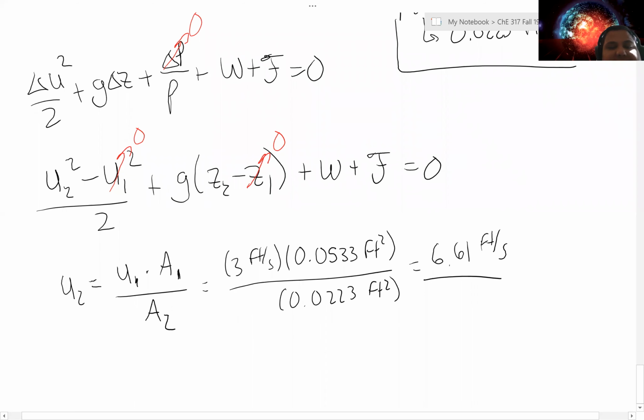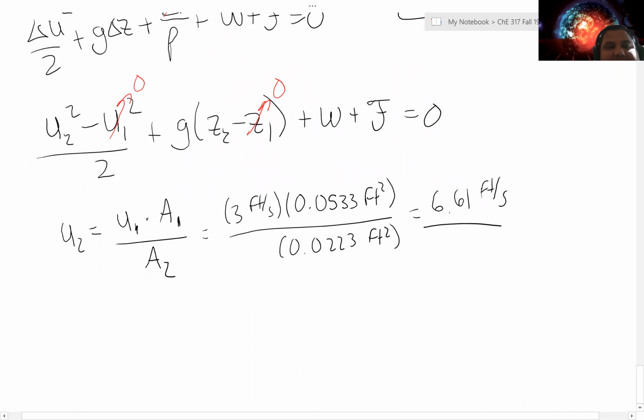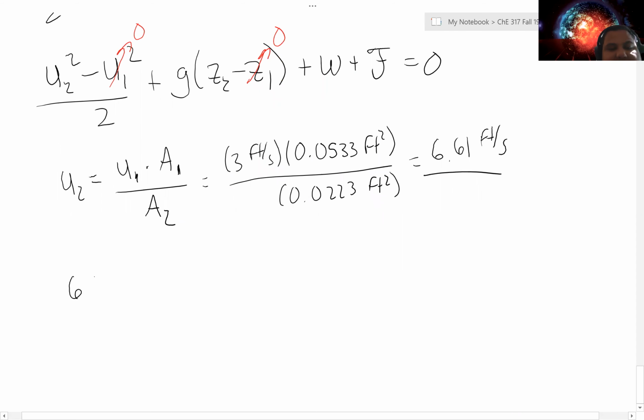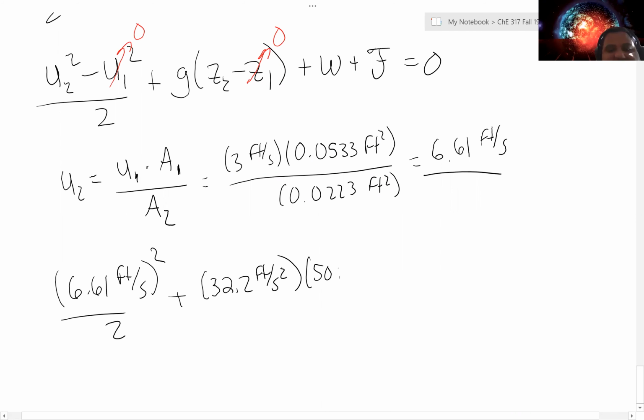So now with this in mind, I can plug in my values and say I have 6.61 feet per second squared over 2 plus 32.2 feet per second squared times 50 feet plus my work, which is what I'm looking for, plus my friction, which was given as 10 foot-pound force per pound equals 0.